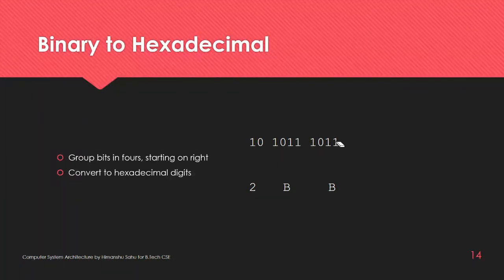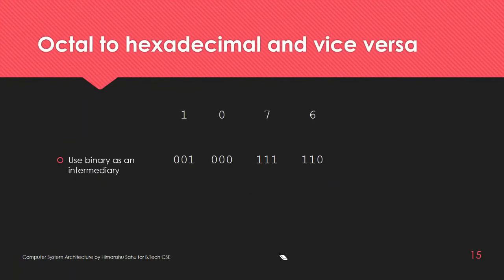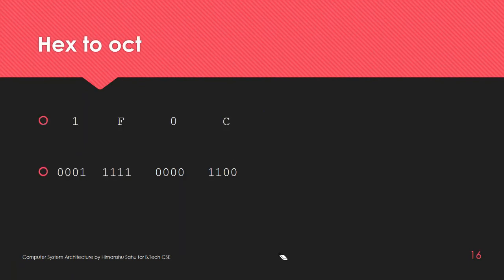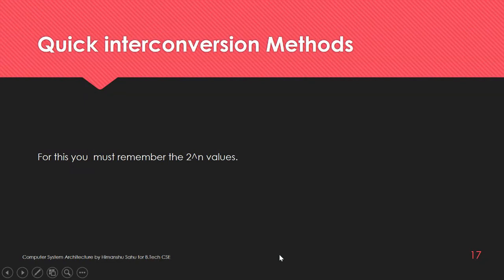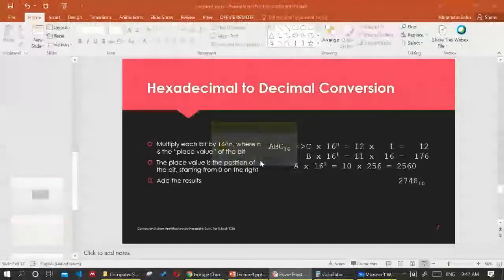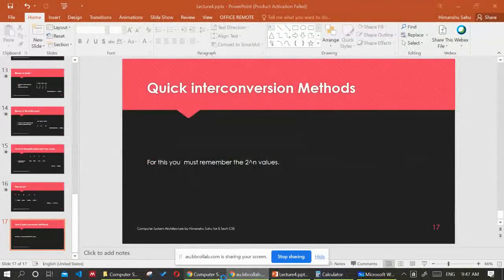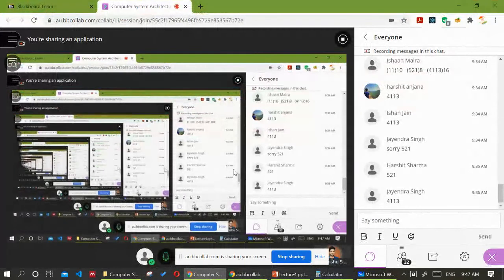If you are aware, you can simply write it as B, and this will be 2 only. Okay, till this point it is clear.